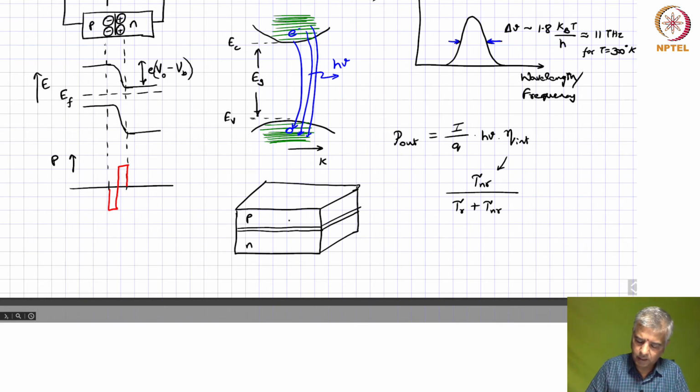Right, and then you can define your electrodes like this. You can put one electrode there, and then you could have another electrode at the bottom.